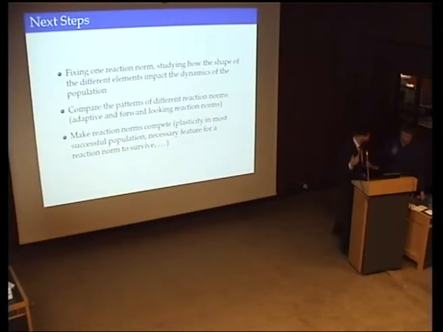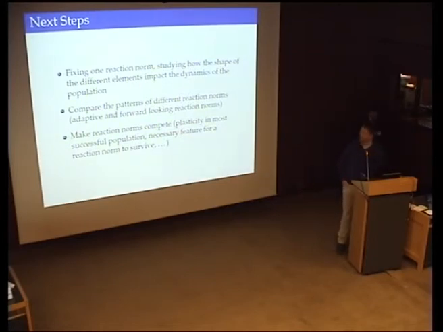I could speak for hours about this, but maybe Fabrizio wants to tell us what we can study with mathematical models. I think that the next steps for applying this framework: since our key ingredient here is the reaction norm that says how an agent reacts to the environment, the first thing we can do is fix one reaction norm, to study how changing the other ingredients of the framework may have an impact on the dynamics of the population.